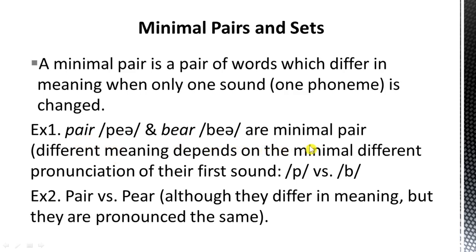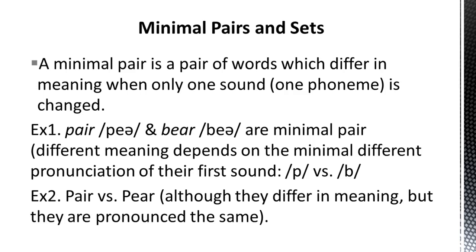This is an example of a minimal pair, where we can see there is a difference in the meaning of the two words, and it depends on the minimal difference in pronunciation of their first sound, p and b. So in terms of the different meaning, we have a minimal difference in pronunciation between p and b as well.